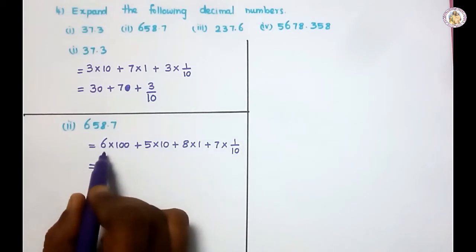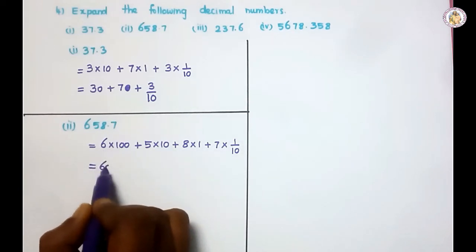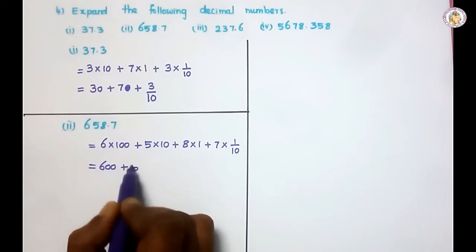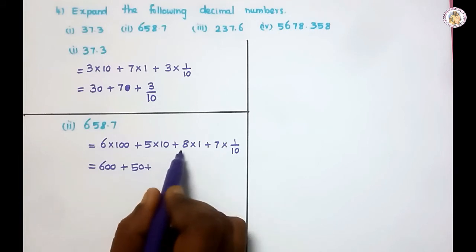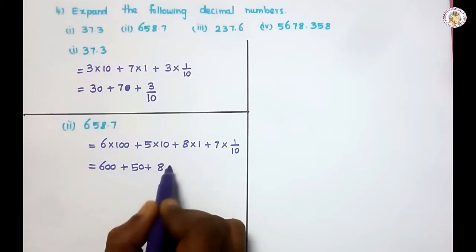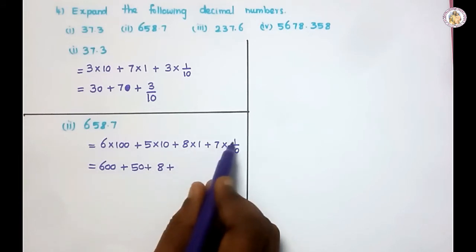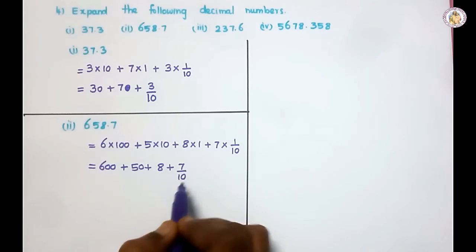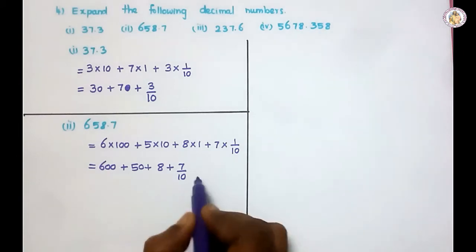Now write down the answer. 6 into 100, 600 plus 5 into 10, 50 plus 8 into 1, 8 plus 7 into 1 by 10, 7 by 10. That is the answer.